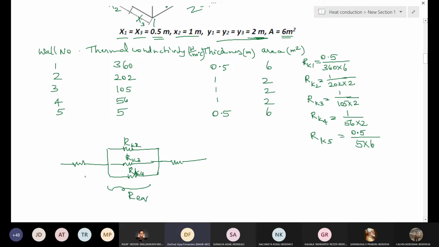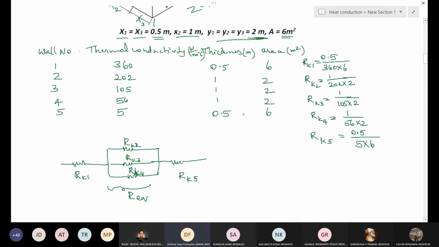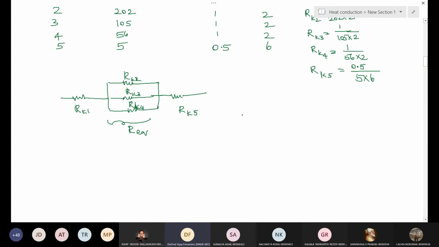Then you put that equivalent in series with RK1 and RK5 and find the total resistance of the wall. If you know the total resistance, then your problem is over, because the temperature difference is given, and the temperature difference divided by total resistance will give you the rate of heat transfer.